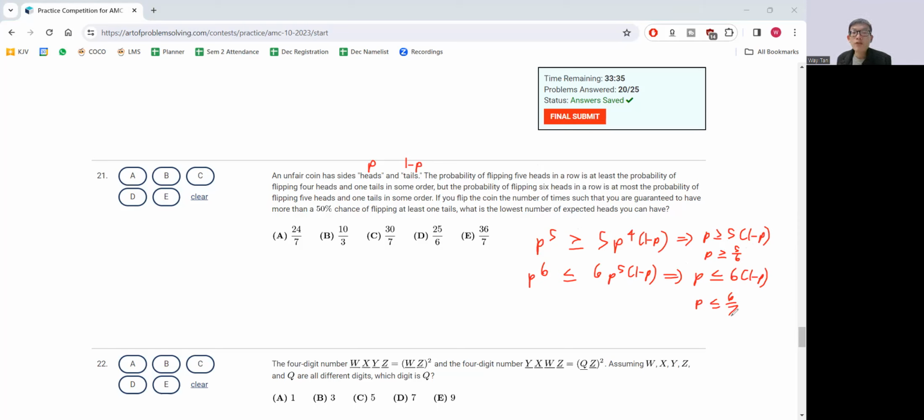Okay. If you flip the coin the number of times such that you are guaranteed to have more than, this is a very weird sentence. You are guaranteed to have more than a 50% chance of flipping at least 1 tails. Okay, more than 50% chance of flipping at least 1 tails means that you have a less than 50% chance of all heads.